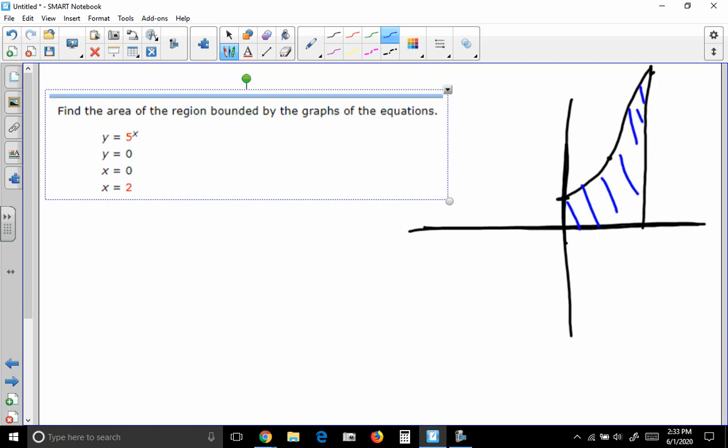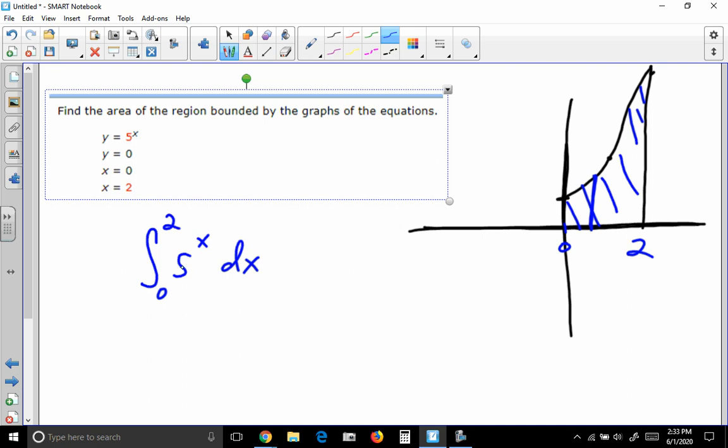So remember how we find the area of a region. We integrate the function that gives us those y values. So the height of that, those y values, are given by f of x. And then we want to integrate that from left to right. We go from an x value of 0 to an x value of 2.